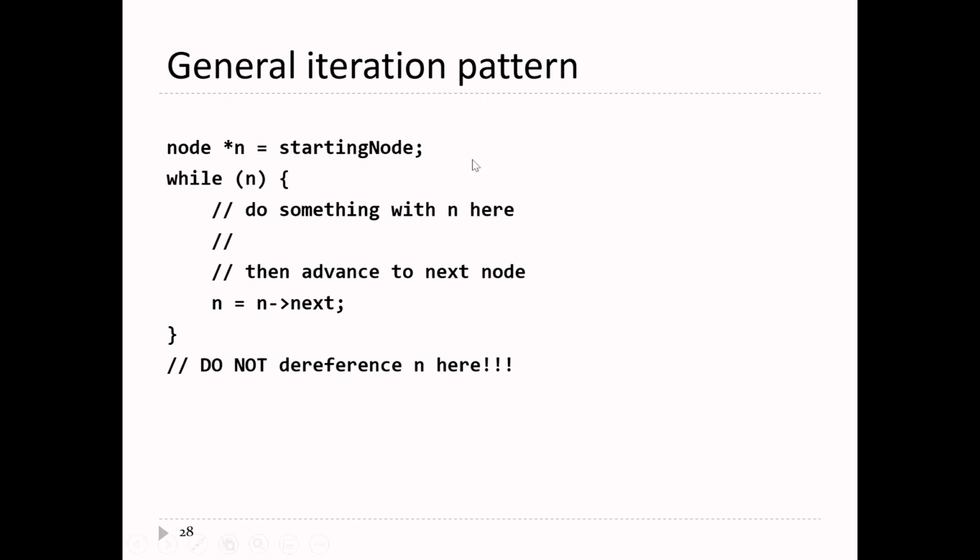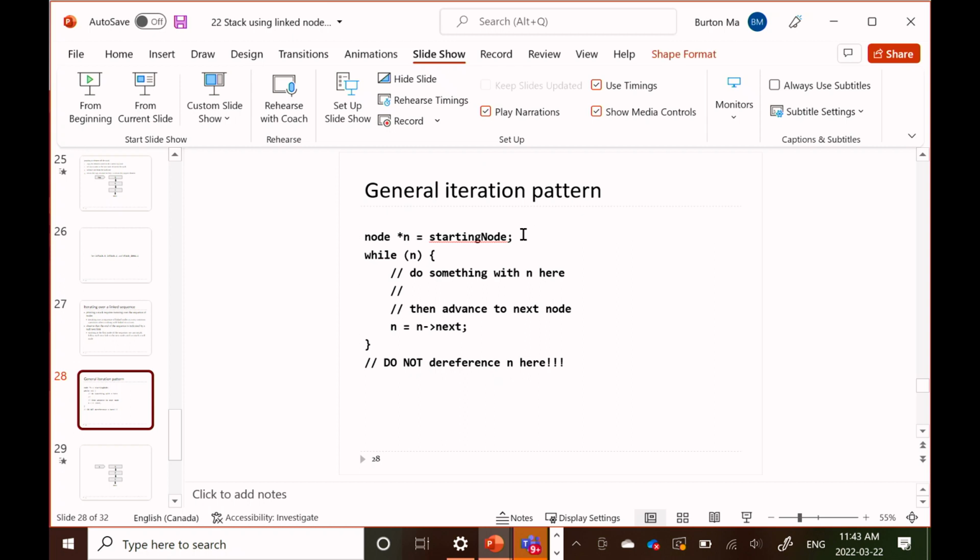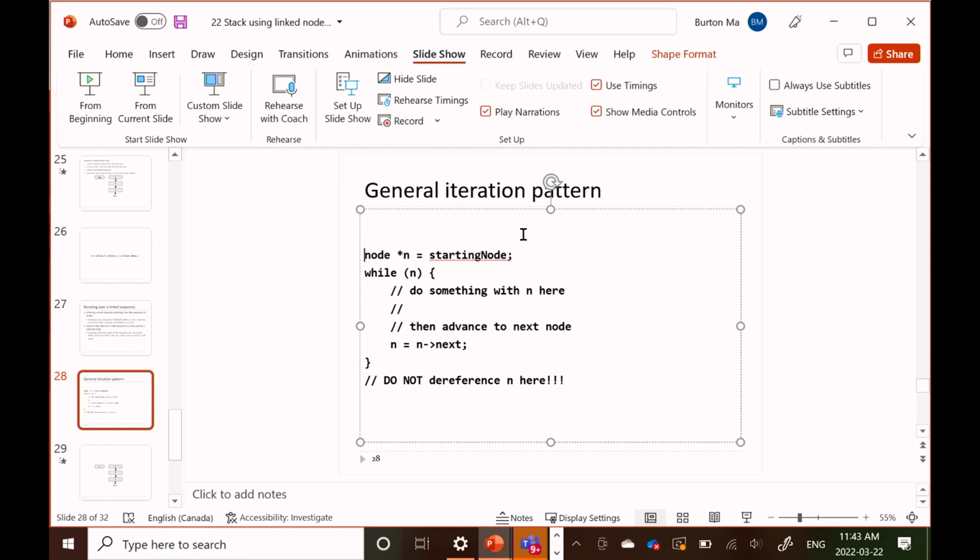You can make modifications to this general pattern. Let me just edit this slide instead of typing it out in an editor. Sometimes you need two nodes when you're walking along a sequence. For example, node star m equals null to start out. Now I'm going to keep track of two pointers to nodes inside of a sequence.